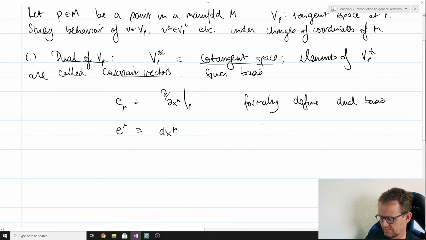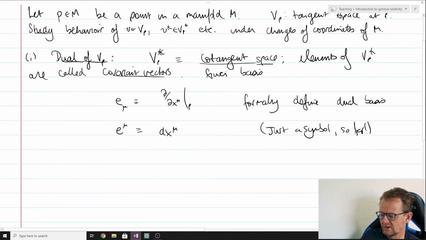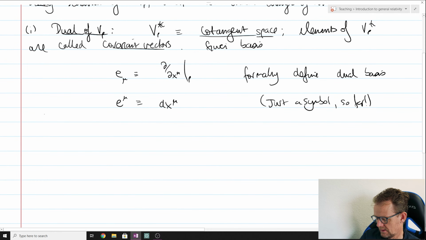This is just a symbol so far. Later it'll acquire an interpretation of an integration measure, but for now we define this dual basis.